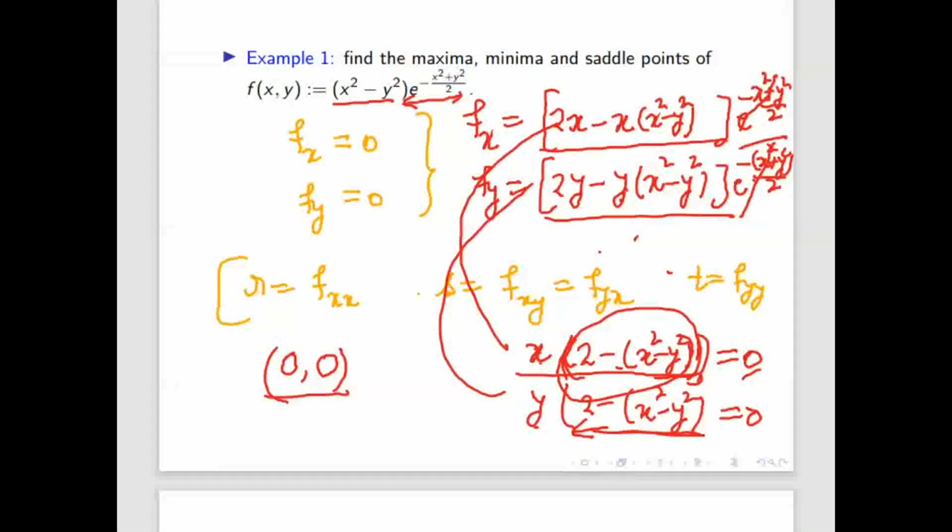So what will be the points? 0 comma root 2, and 0 comma minus root 2. X is 0 and y equal to plus root 2, X is 0 and y equal to minus root 2. Right, if x equal to 0, the first equation is 0, and if you put y equal to root 2 here, this condition will give 0. Any other point, or only these? These are the only 3 points we will get.